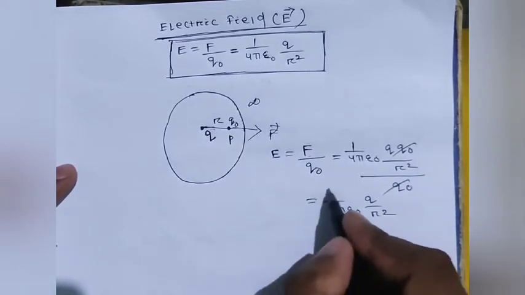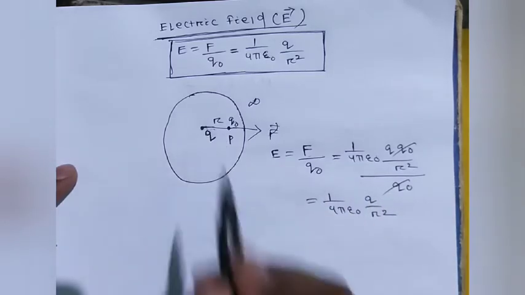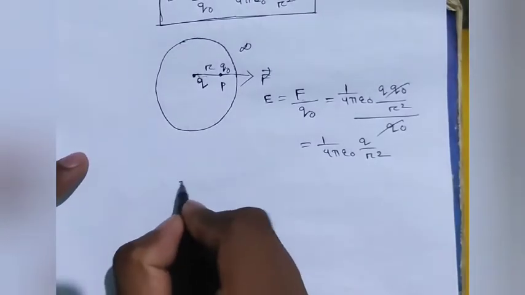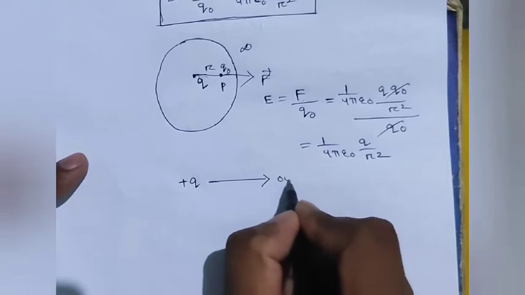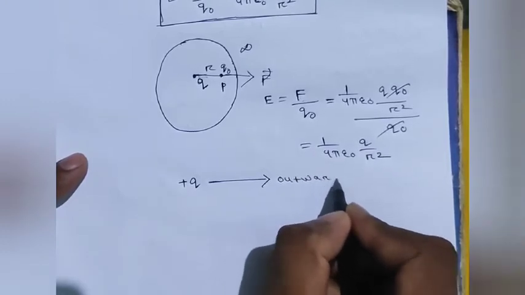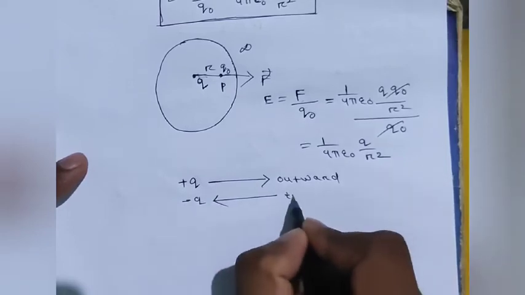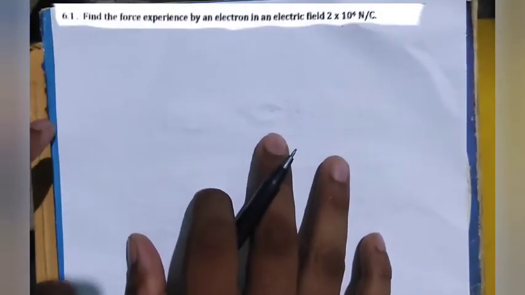So this is the value of electric field at a distance r from the point charge. And for a positive charge the direction of electric field is outward, and for a negative charge the direction of electric field is inward. So is it clear? Now I will come to the question section.